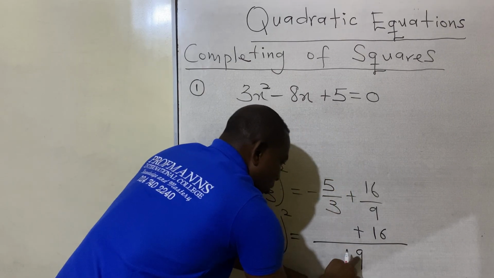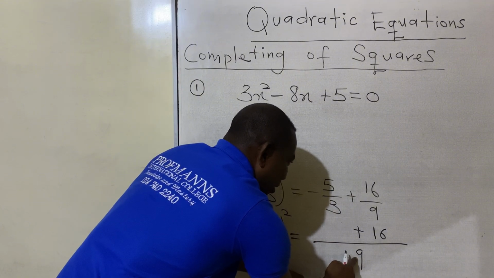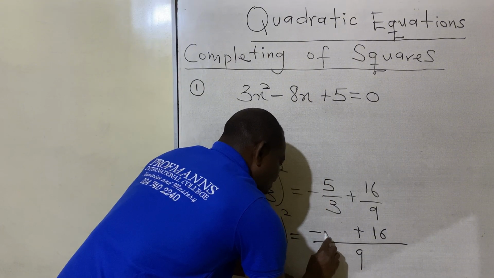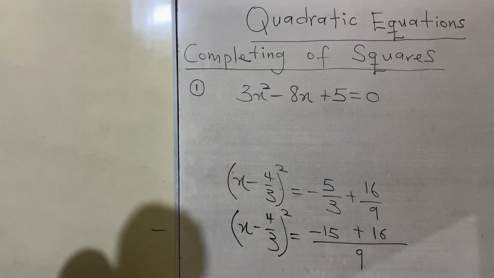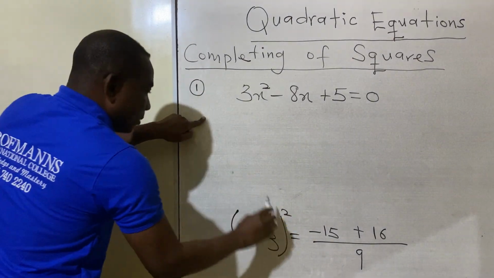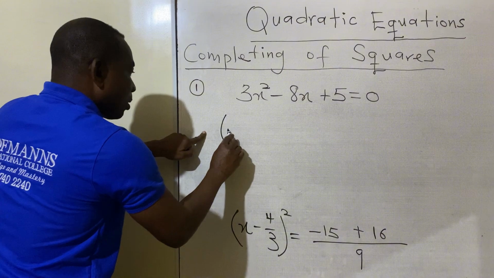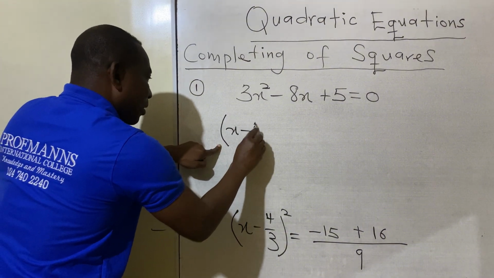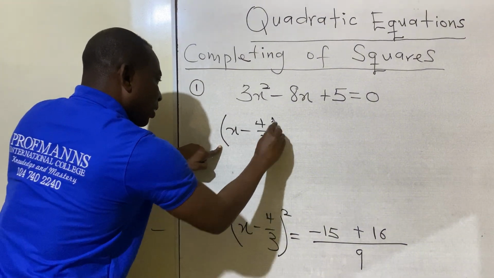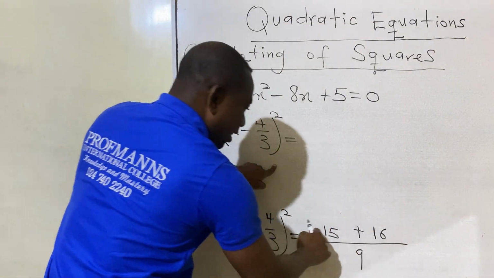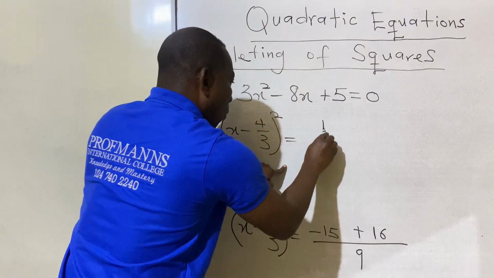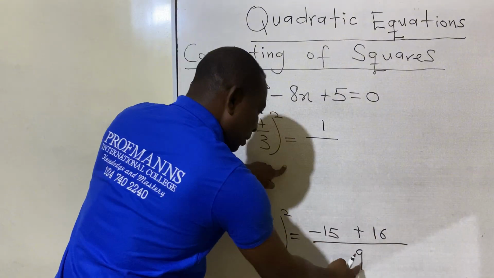Plus 3 goes into 9 three times, 3 times 5 is 15, so minus 15. The next step is x minus 4 over 3 squared is equal to, we simplify the numerator, it gives us 1 over the denominator, which is 9.